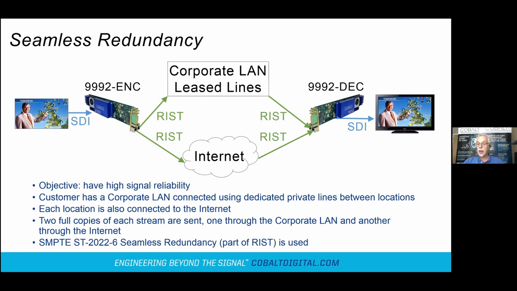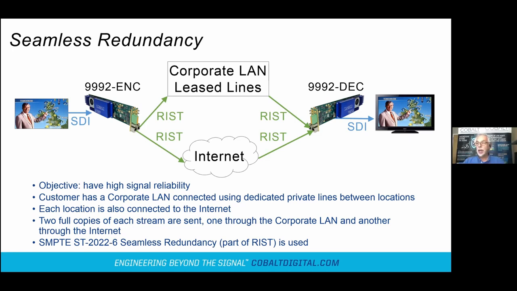So instead of doing a load share 50-50 or something like that, we did 100% of the signal on both, two copies essentially, on each of the links. And we use traditional SMPTE 2022-7 seamless redundancy, sorry, I got it wrong, it's part of RIST.